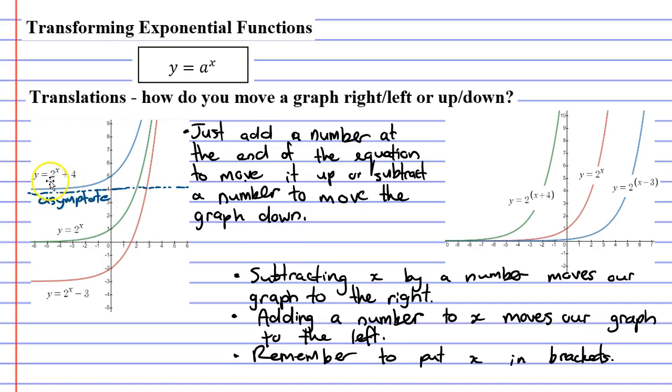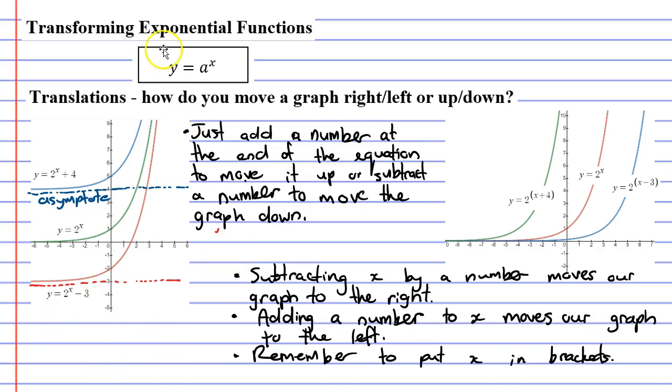The graph y equals 2 to the power of x plus 4 never goes below the point at which y equals 4. You might have noticed we've got a new asymptote for our red graph. This imaginary line is our asymptote, and our red graph never ever goes below it nor touches it.